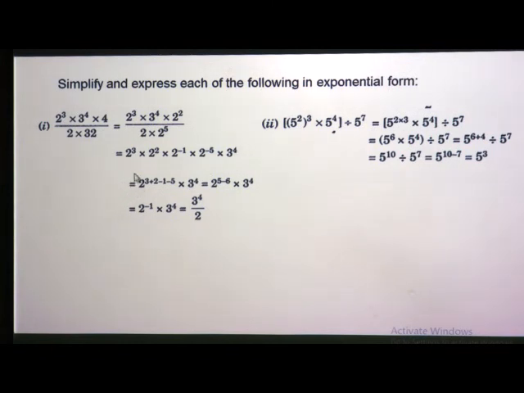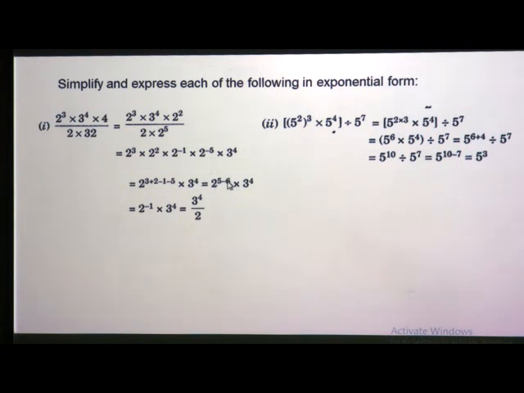Now, all the bases we will collect together, that is 2, 2, 2 and 2. So, we write as 3 plus 2 because these were in the numerator, minus 1, minus 5 and 3 to the power of 4. Now, after solving this, we can write as 2 to the power 5 minus 6.